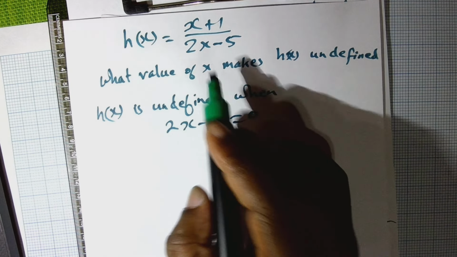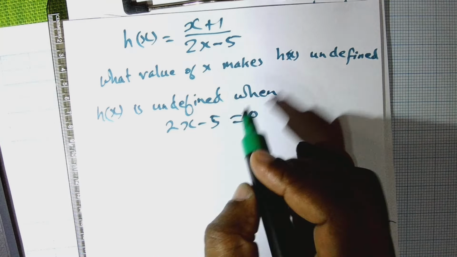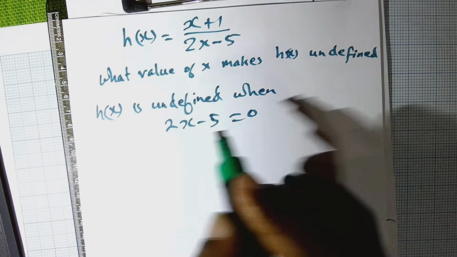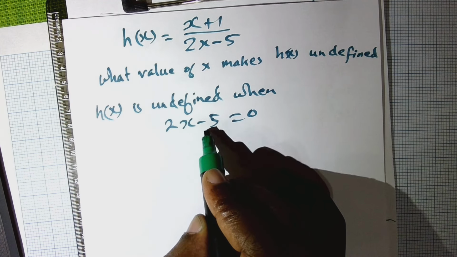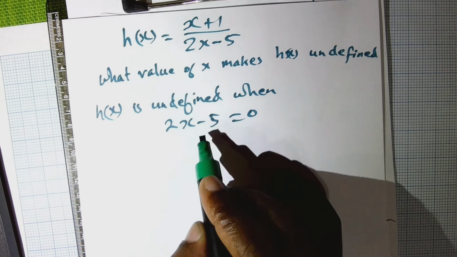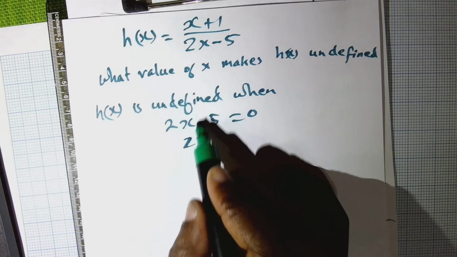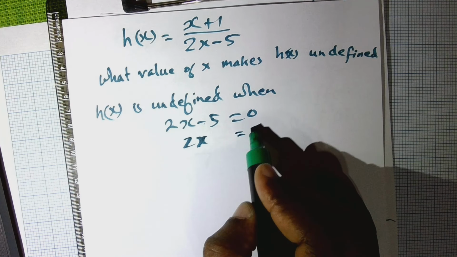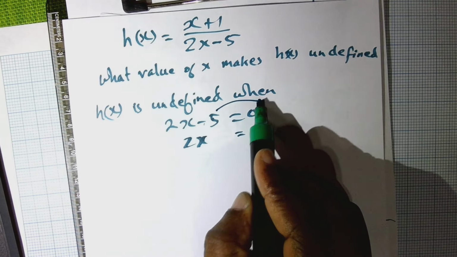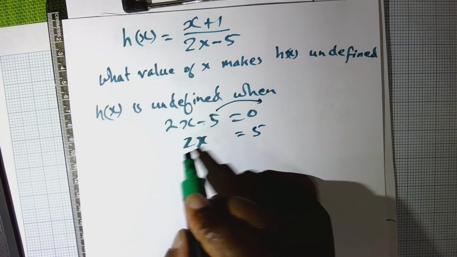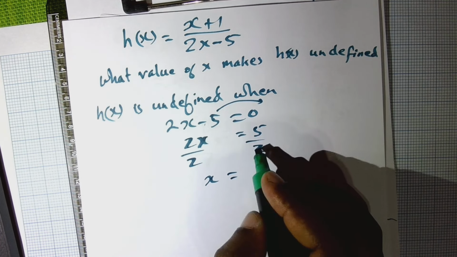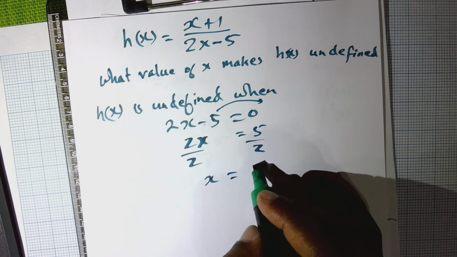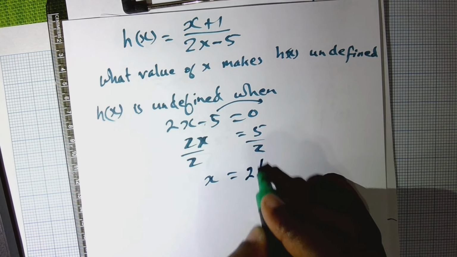But this allows us to find the value of x. So we're going to add a positive 5 to both sides to get rid of this. We have 2x. Add 5 here, cancel it. Add 5 here, gives us 5. So in other words, we transpose the minus 5 over as positive 5. And then we divide both sides by 2. And so we have x equals 2.5.